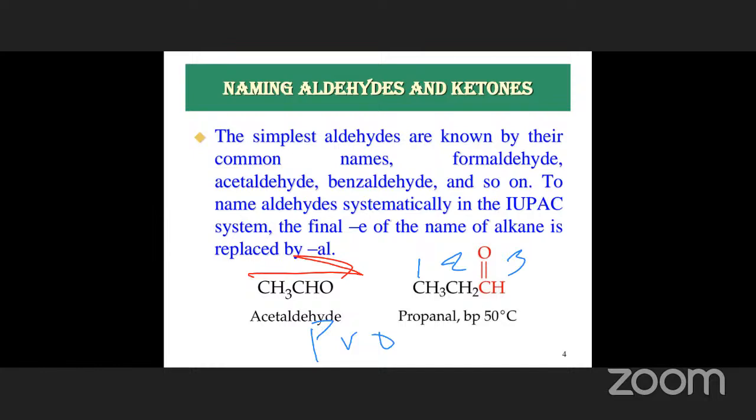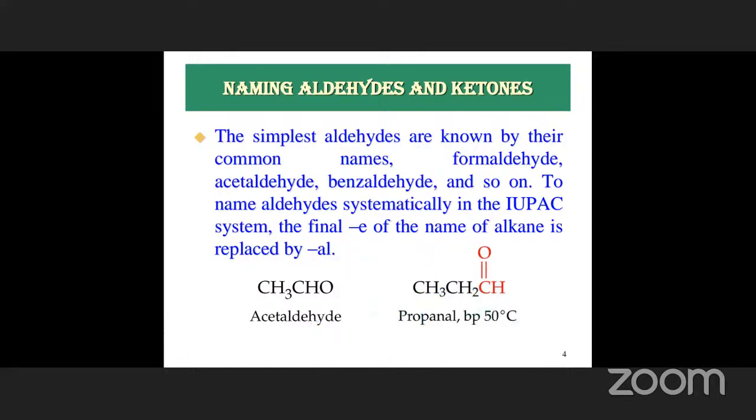If you remember, this is how you spell propane, just to remind you. And then you will notice that here the E has been removed and AL has been added. And that is how you come about the IUPAC name for that.